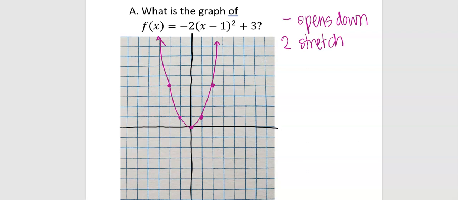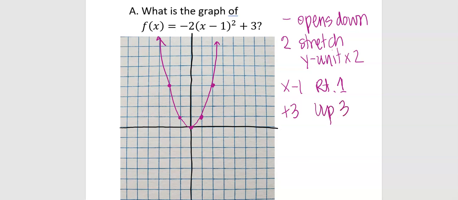So the stretch, the y units would be 2 times bigger. Okay, I'm going to go y units times 2, just so I know that's what I'm going to do here in a minute. What does the x minus 1 mean? Right 1, so it's the opposite sign, so I'm going to move it right 1. And then what about the plus 3 at the end? Up 3.